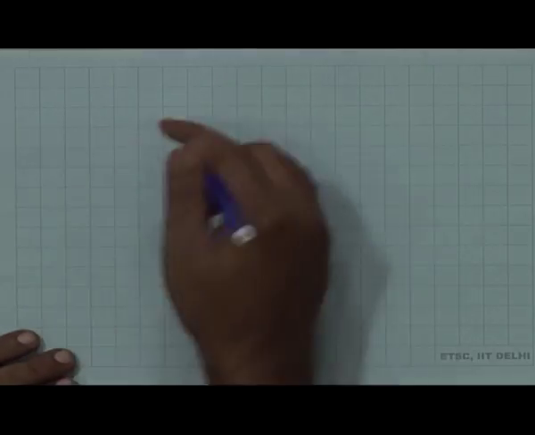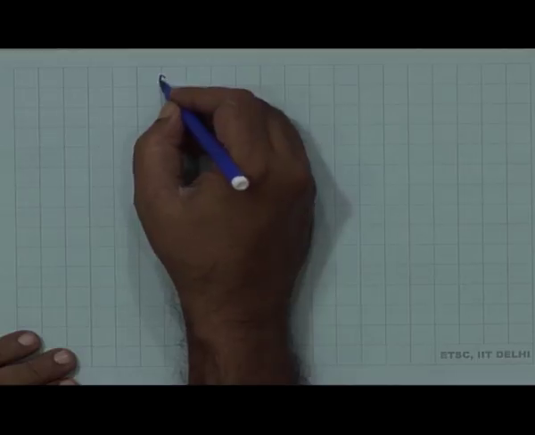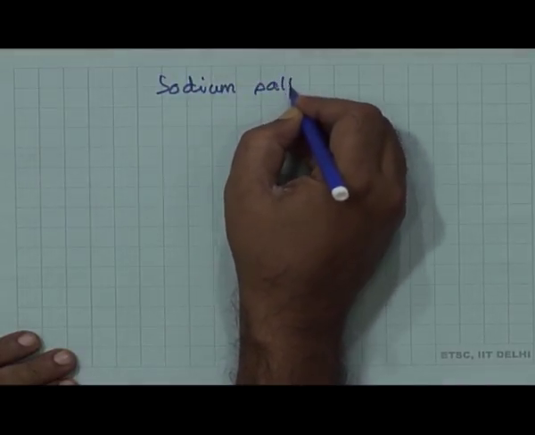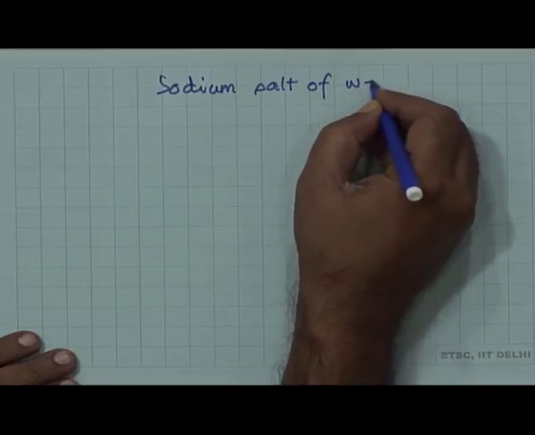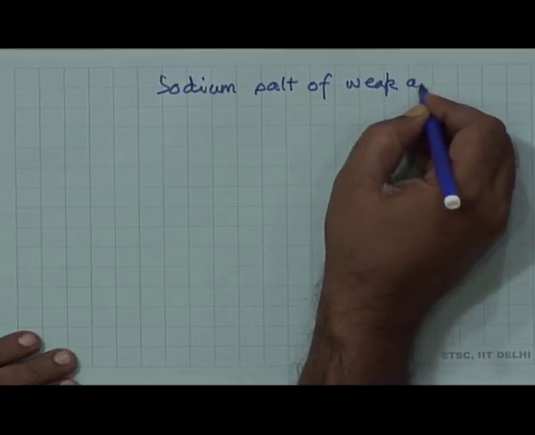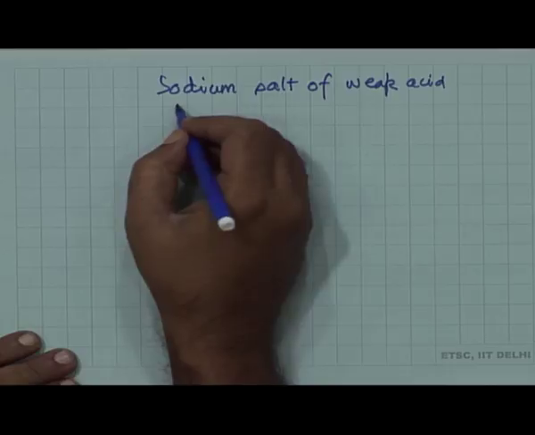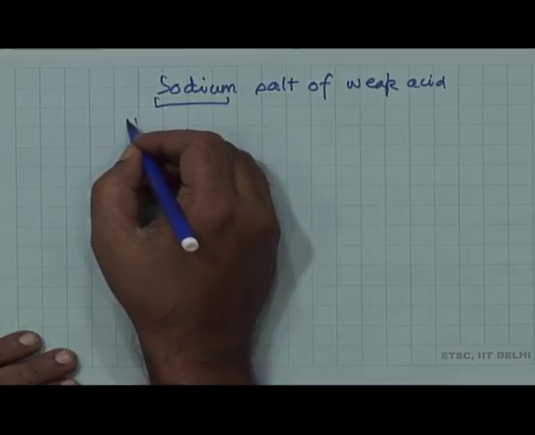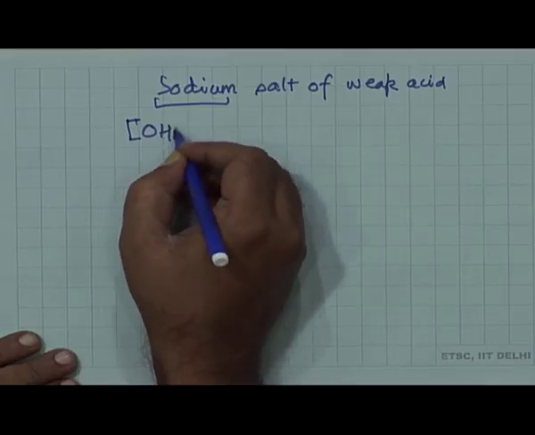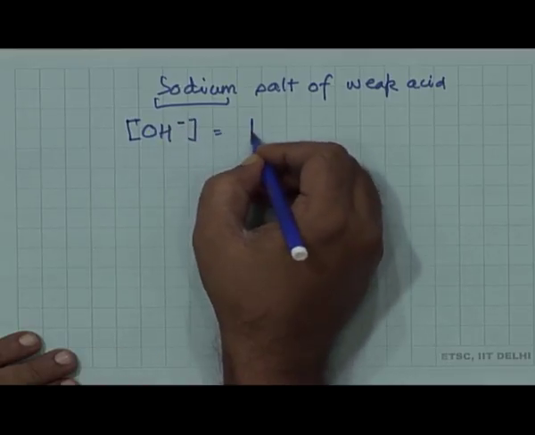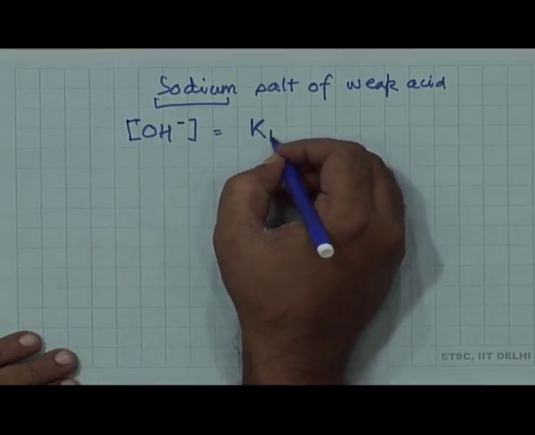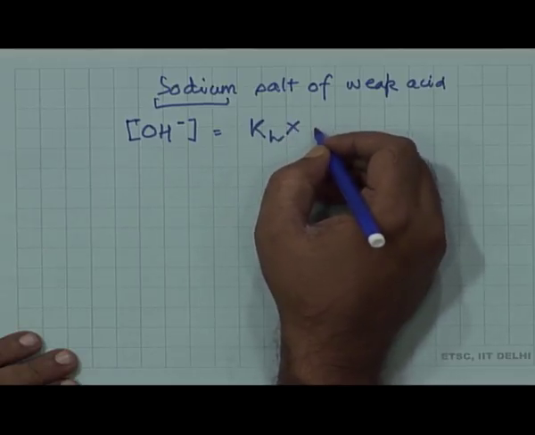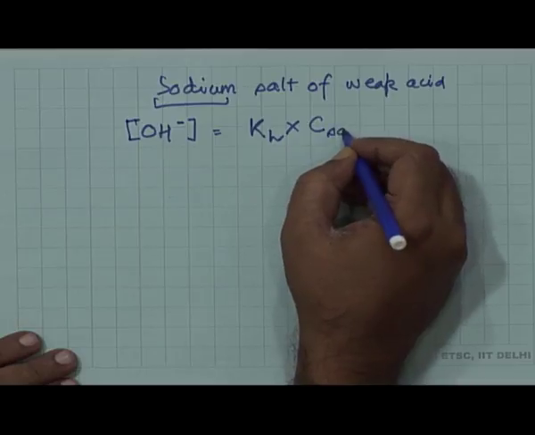Since this is a sodium salt of a weak acid, and NaOH is a strong base, we will write OH minus ion concentration is equal to square root of Kh into your concentration of salt.